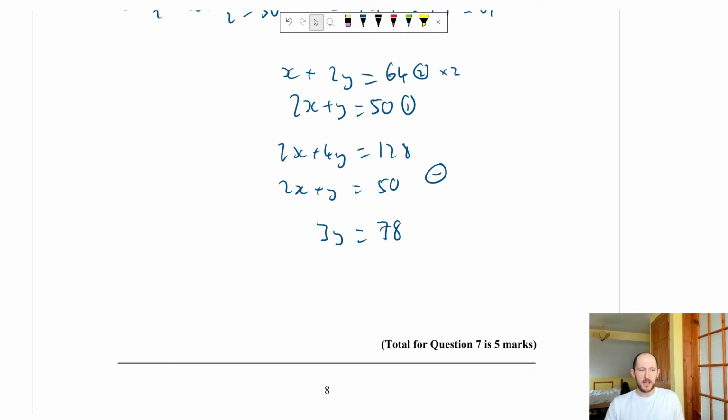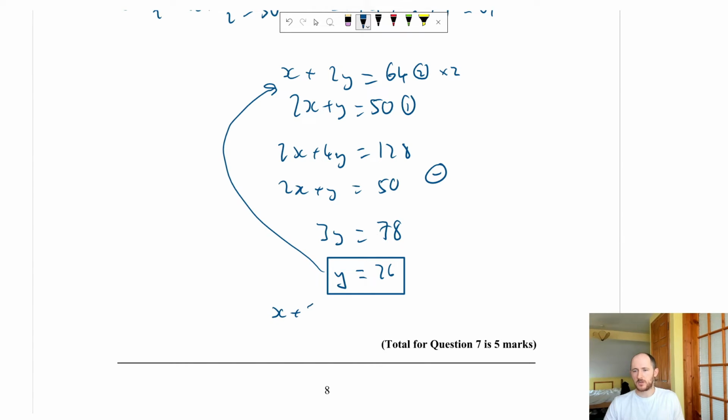And then all we're doing is dividing that by 3 to find out y is 26. Then to find out x, let's sub it back into the original. We have x plus 2 times 26, which is 52, equals 64. So x plus 52 equals 64.